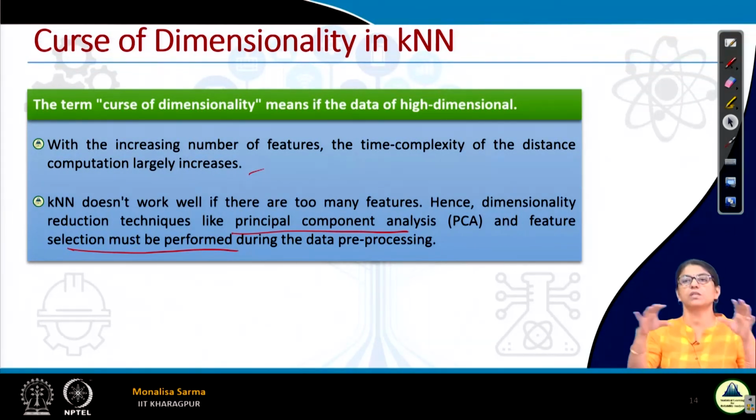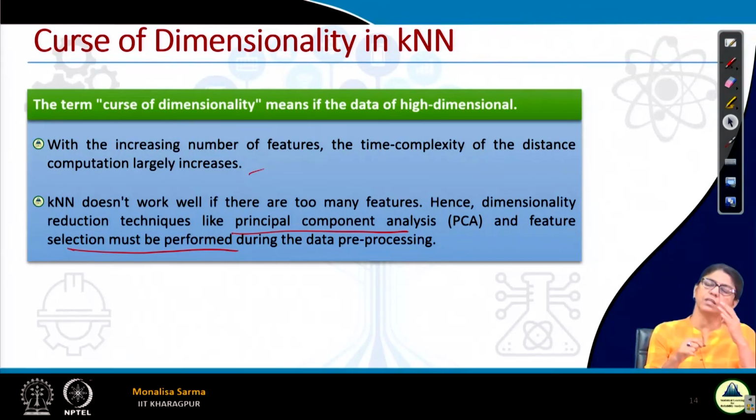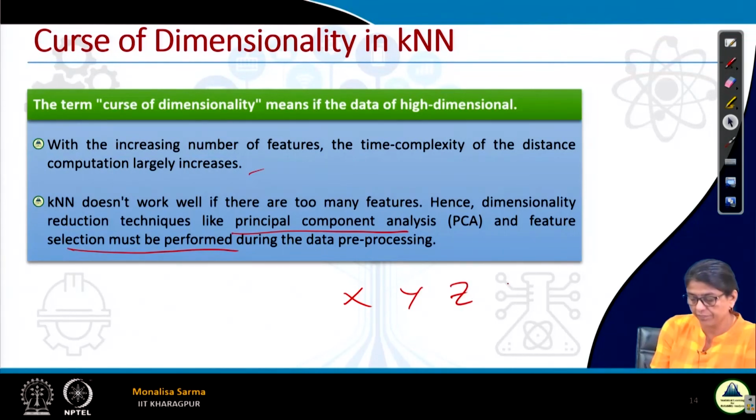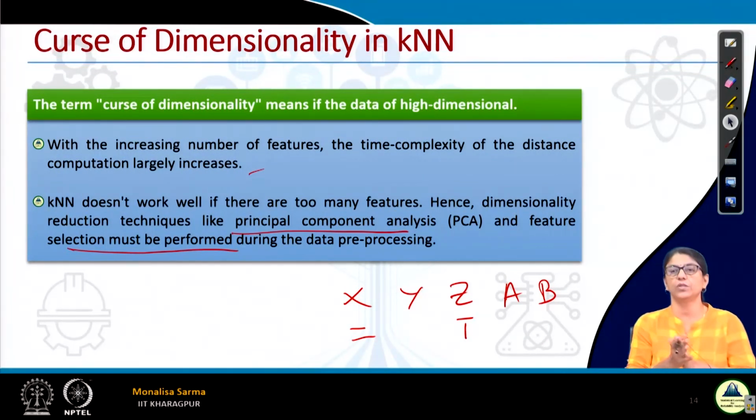Basically, suppose there are 100 features, out of which some feature sets are redundant. Again, there is some dependency in some feature sets. Let me tell you, suppose there are features X, Y, Z, A, B, so we have a total of 5 features for one observation. Suppose we have seen that if X increases, Z also increases, or if X increases, Z decreases. So there is a dependency between these two features.